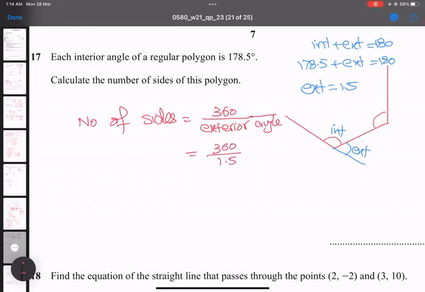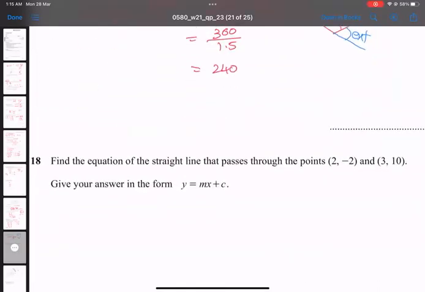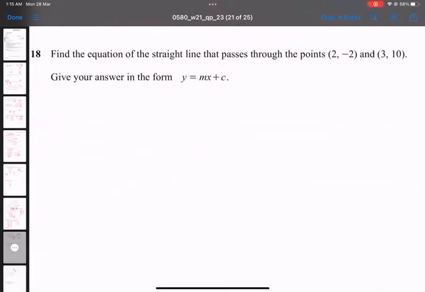And when you check 360 divided by 1.5, it gives us 240 sides. So that's it. We have two formulas in this: interior plus exterior equals 180, and number of sides equals 360 by exterior angle. That's it. And let's go for question number 14.